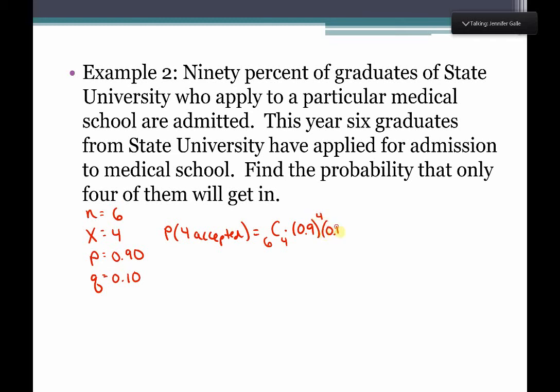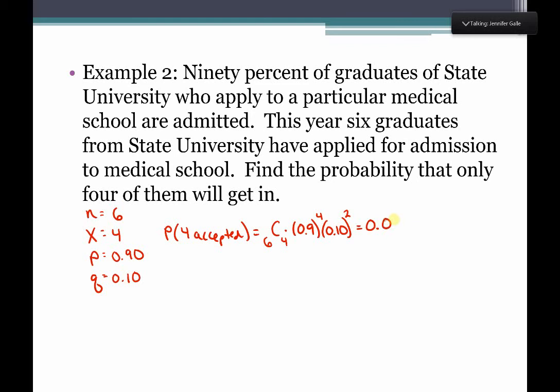Please use the exponents instead of writing out 0.9 times 0.9 times 0.9 times 0.9 to show the 4. Then remember, we still need 6 total. Yes, absolutely use those calculator shortcuts. We should end up with 0.098415.